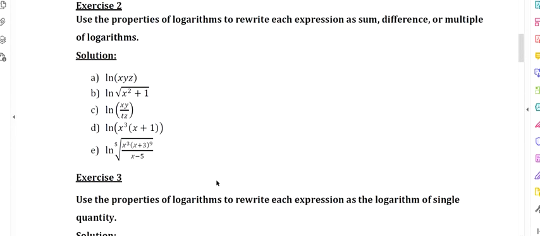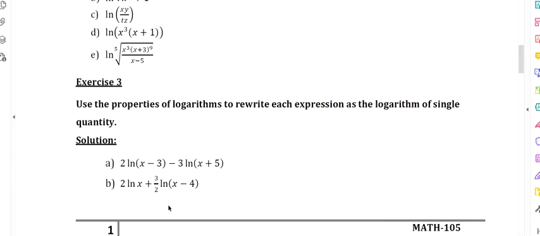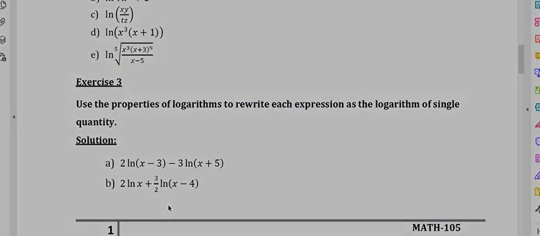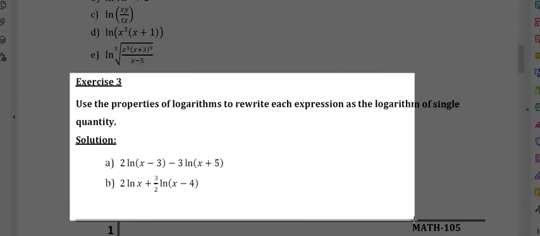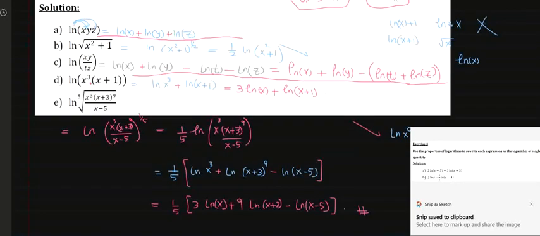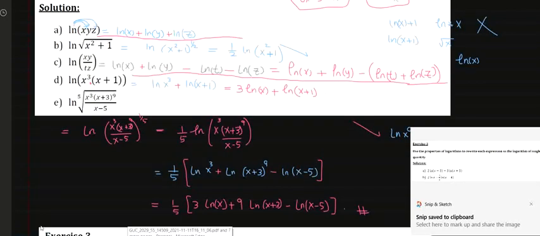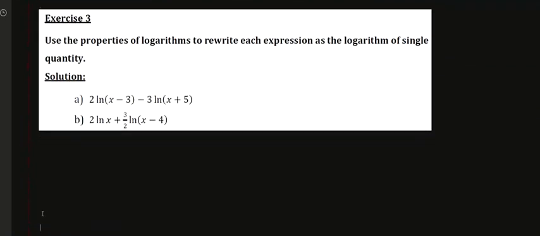Let's move to exercise B. Here we need to use the properties of the logarithms to rewrite the expression as the logarithm of a single quantity, as if what we were doing was an expansion, and what we are about to do is the condensing, right?